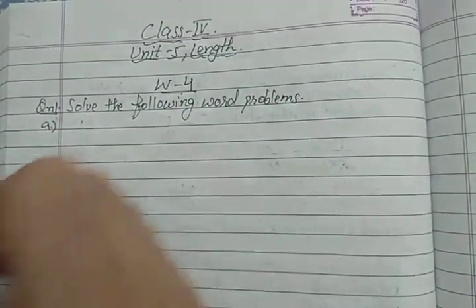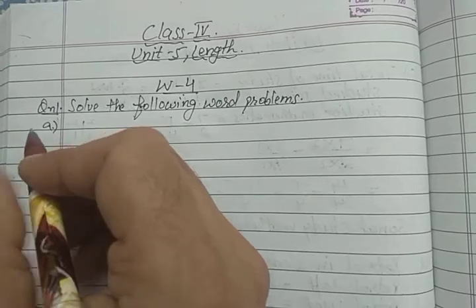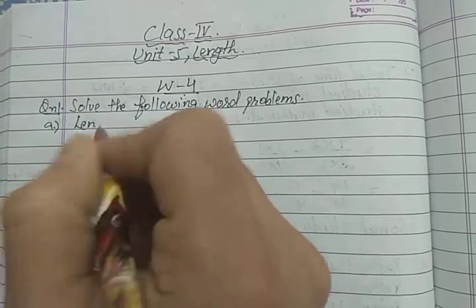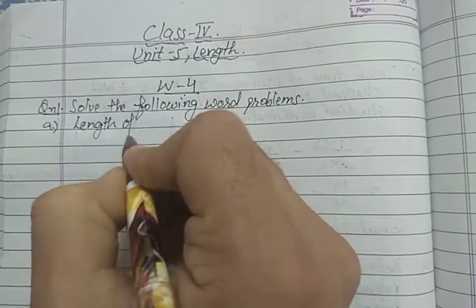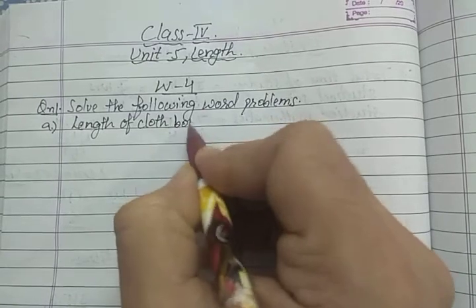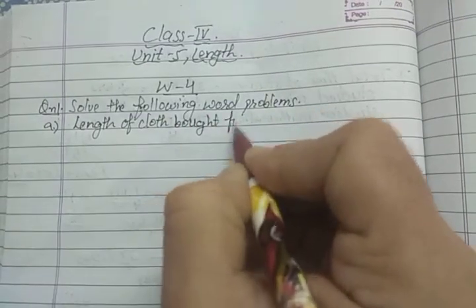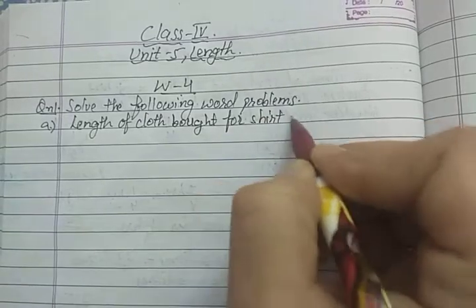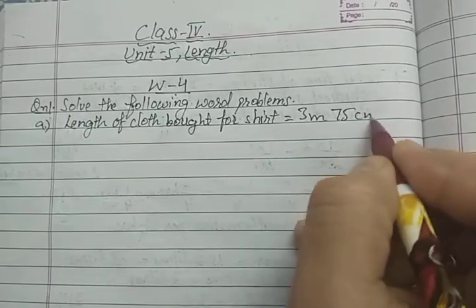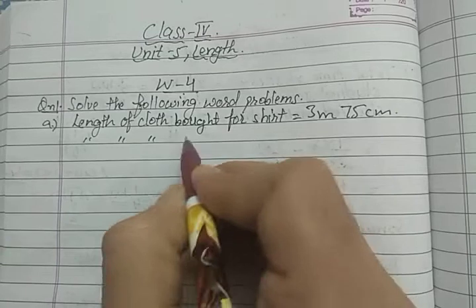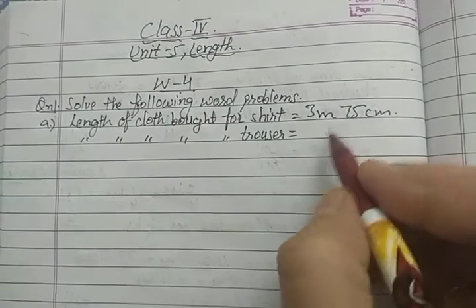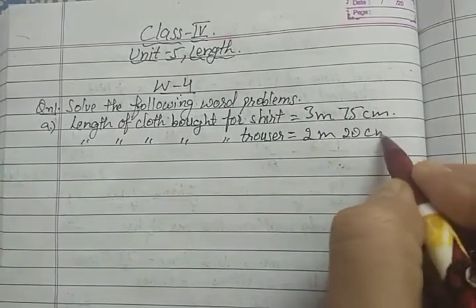So A part is length of cloth bought for shirt, that is 3 meter and 75 centimeter, and length of cloth bought for trouser, that is 2 meter and 20 centimeter.